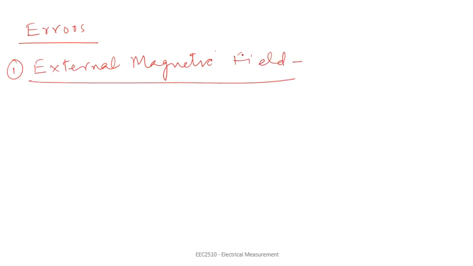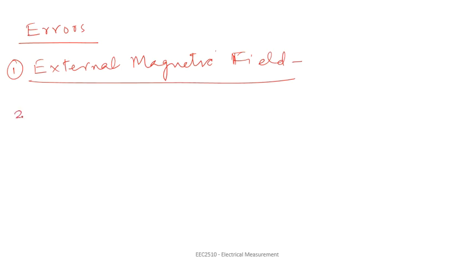Since the operating magnetic field in this type of instrument is weak because it is produced by the coils, these instruments must be protected from external magnetic fields. You can use some type of magnetic shielding or metal shield which serves to isolate the coils from the external magnetic field.